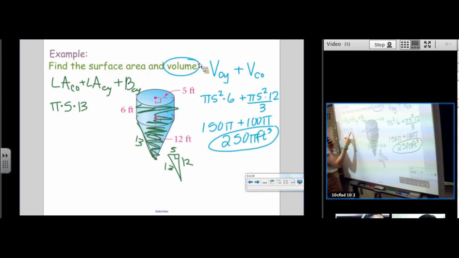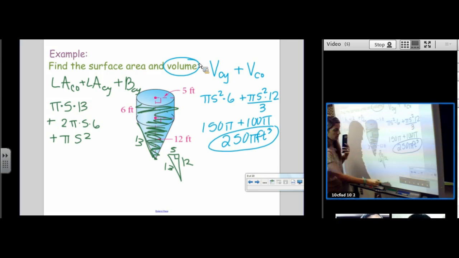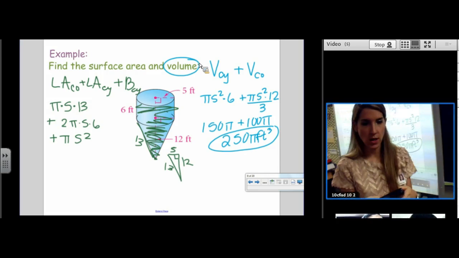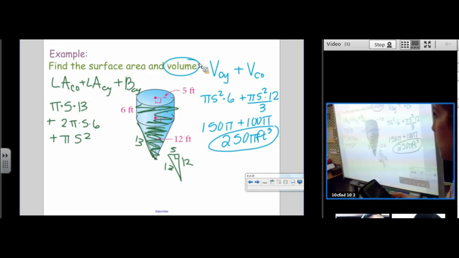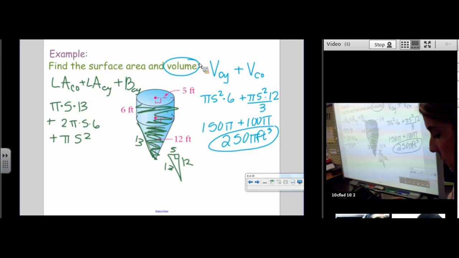So pi RL plus the lateral surface area of the cylinder. Okay, so that's 2 pi RH plus pi R squared. Remember, if you approached it differently, that is okay. We do need to all come up with the same answer, though. Let's plug all this in.